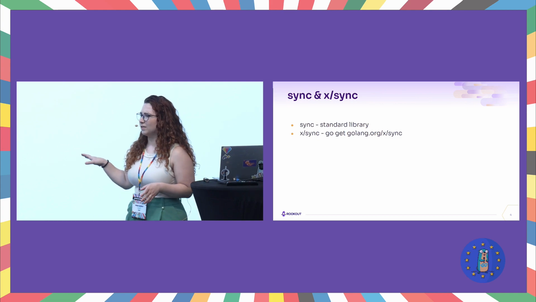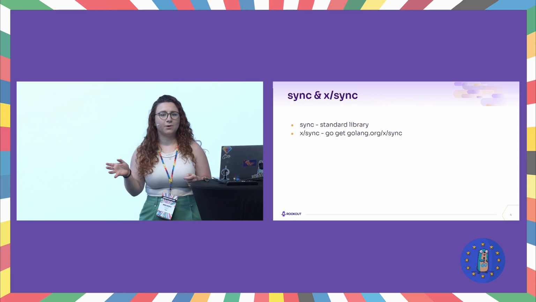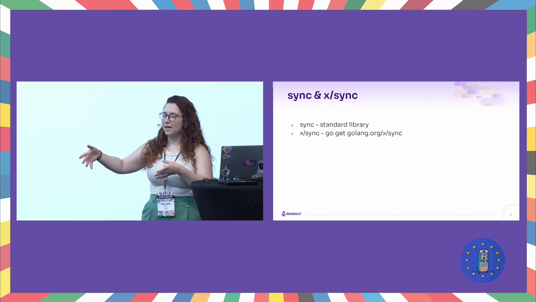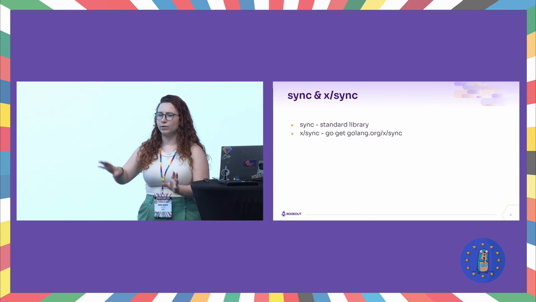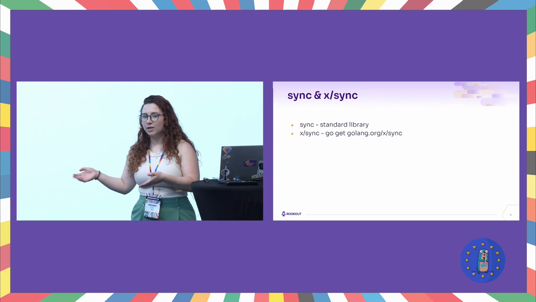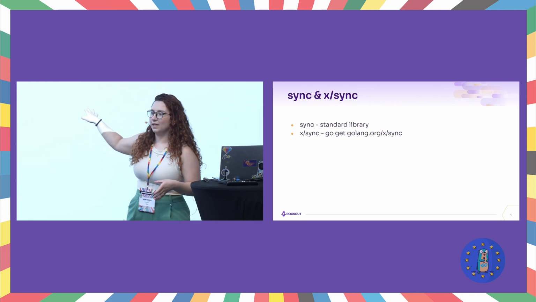So sync is just part of the standard library. You've probably used it already in your code. And x/sync is part of the X packages. X packages are still packages written by the Go team or maintained as part of the Go project. They're just not part of the standard library, so you're going to have to do go get and then the name of the package.